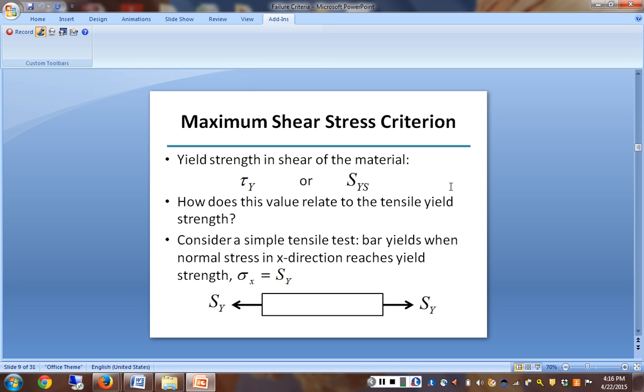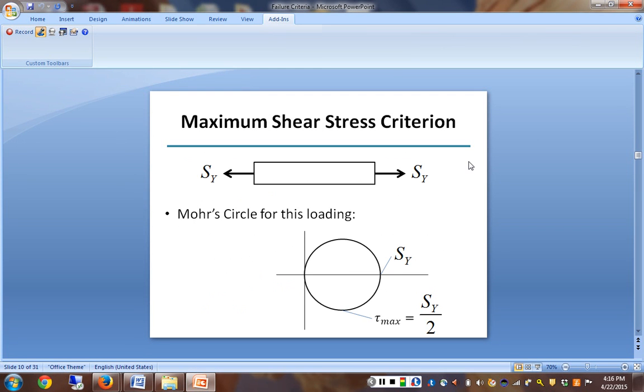And so if we look at this, let's go back to the simple tensile test, because that's sort of the benchmark that we do. We take a simple dog bone sample and we put a load on it that gives you a stress equivalent to the tensile strength of the material. So you're taking it right to the breaking point. Let's draw Moore's circle for that. What's the first point that I draw on Moore's circle? It's my sigma x and my shear.